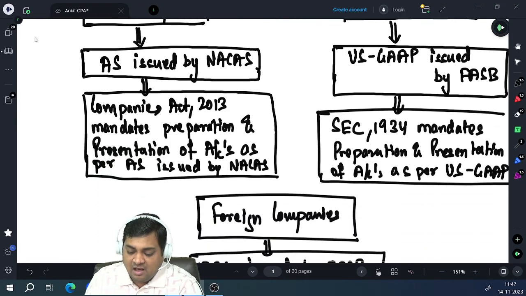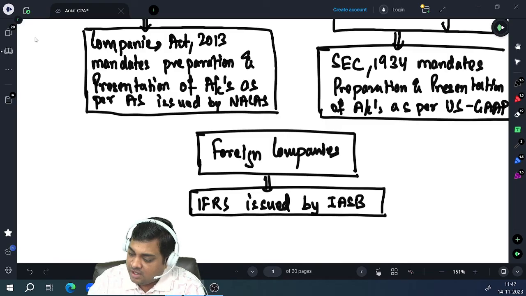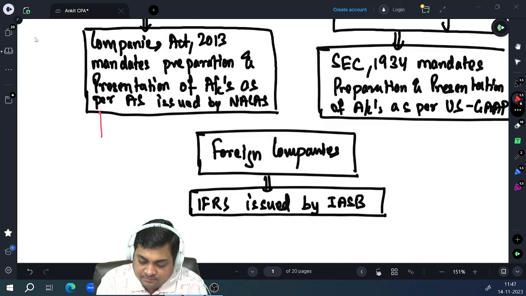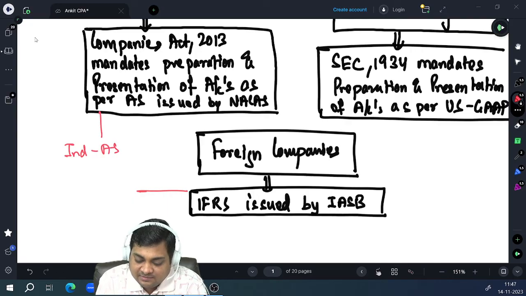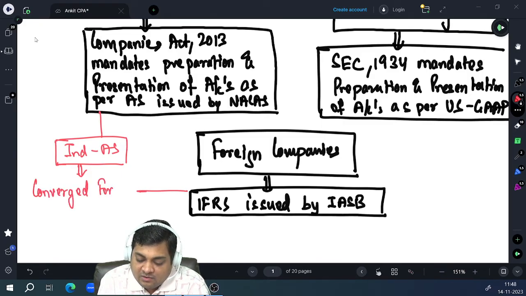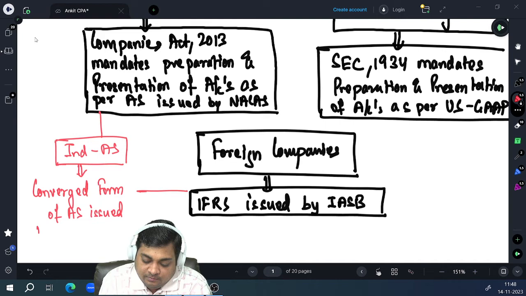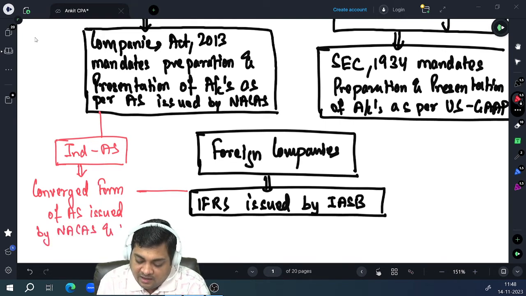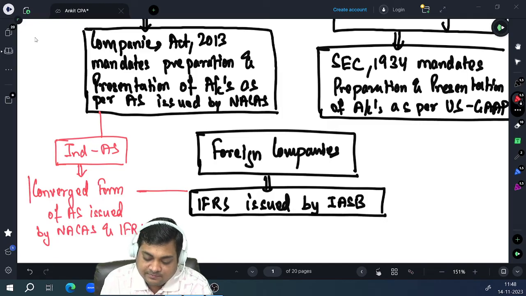So presently we have one accounting standard, that is Ind AS. This is the converged form of accounting standard issued by NACAS and IFRS.